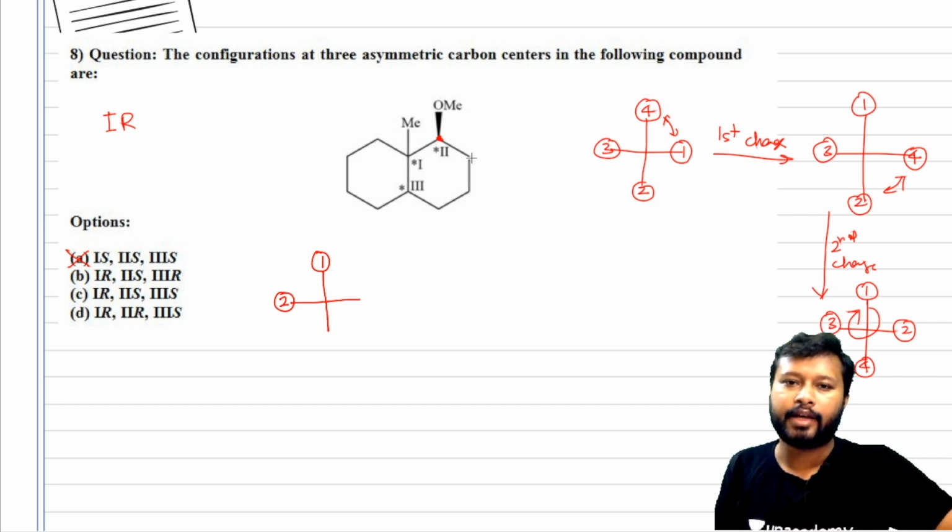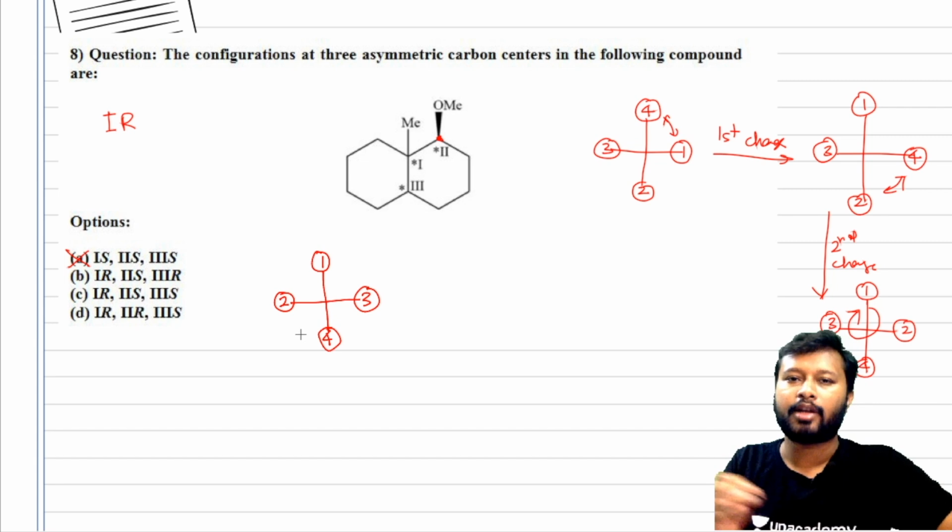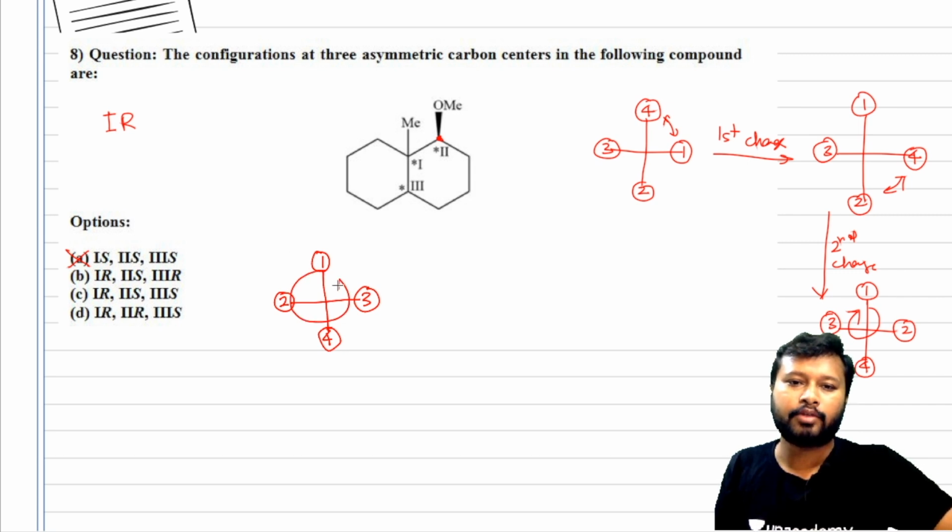Then on this side, I have carbon attached to 2 hydrogens and a carbon, so this is the third priority. Since the fourth group is not shown, I can keep the fourth group over here. Now I automatically have the fourth group in this position, so I don't have to do any even change or anything. I can directly find out the configuration. If I see, this goes in an anti-clockwise direction, so I can say that the second chiral center has S configuration.